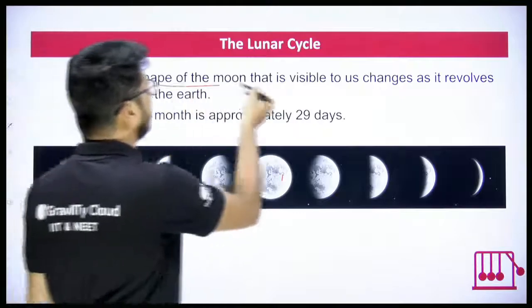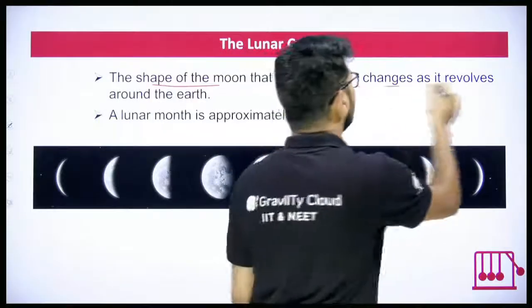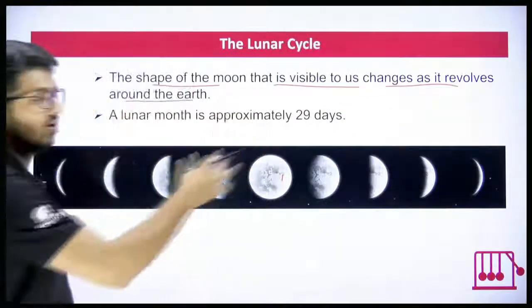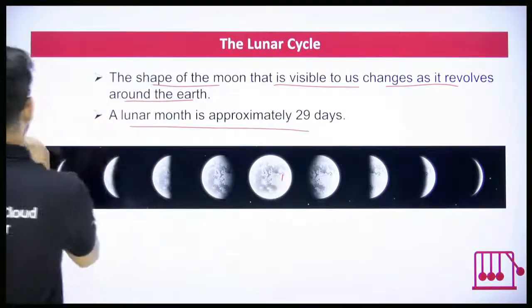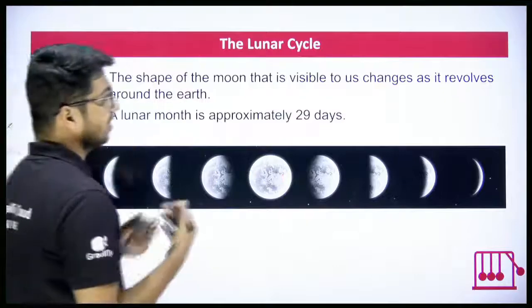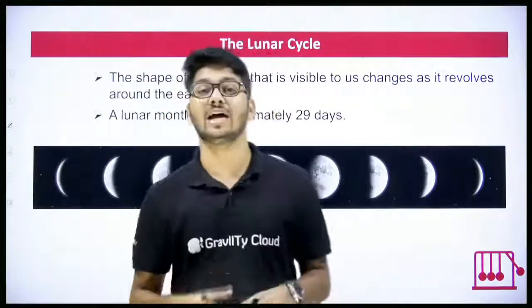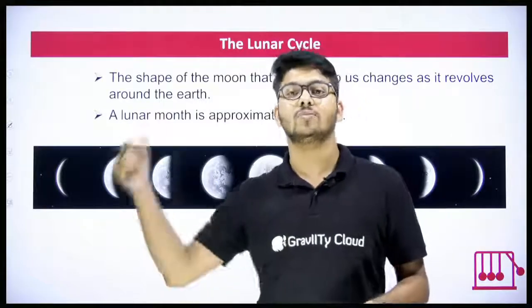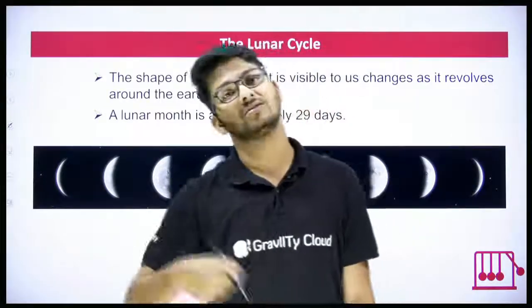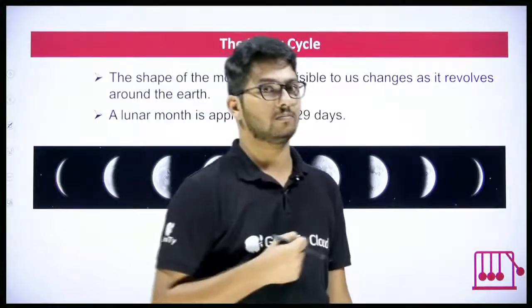So the shape of the moon that is visible to us changes as it revolves around the earth. And a lunar month is approximately how many days? 29 days. So people also used to measure time in terms of lunar months: 1 lunar month, 2 lunar months, 3 lunar months, and so on.